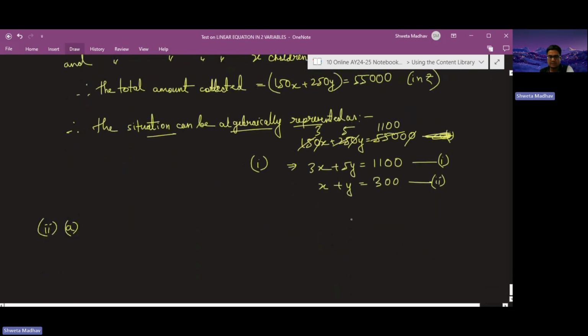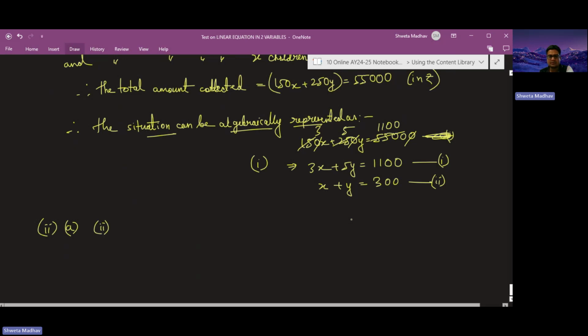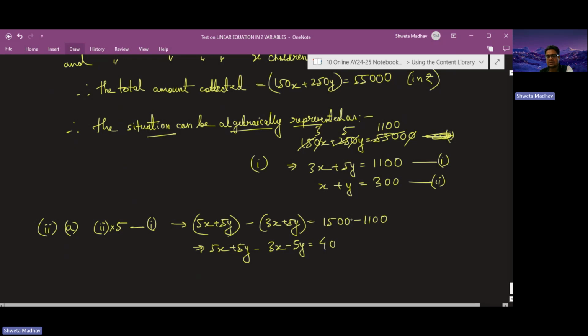From here, if we multiply the second equation by 5 and subtract equation 1, we get 5x plus 5y minus 3x minus 5y, that will be equal to 1500 minus 1100, which is 400.